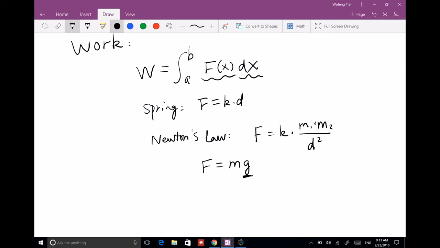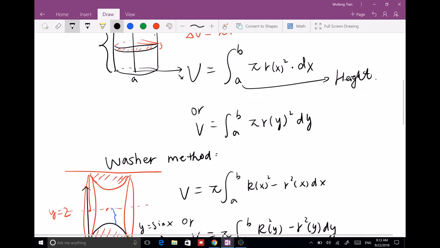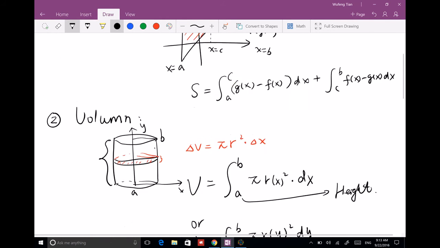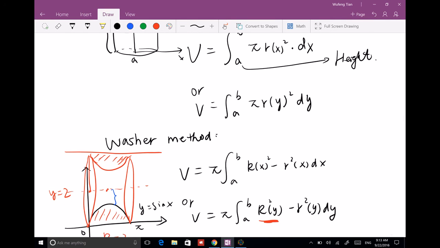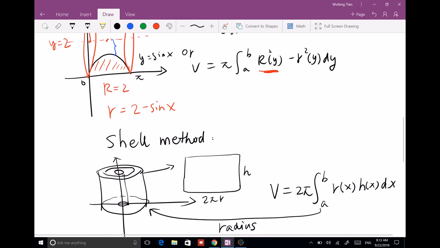So this is the second time we did the work, and after the work we did the moment. I think I didn't miss anything, right? The first one is area, volume, the shell method, third one, 3, 4.